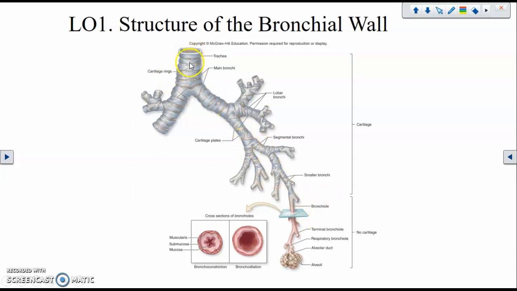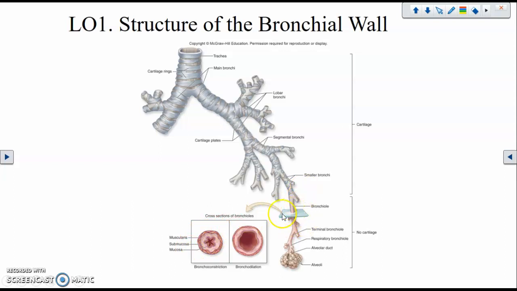As you can see, there's cartilage here. Once you hit the bronchiole, there is no cartilage that encloses it. What happens is this area, as shown here, is subject to bronchoconstriction and bronchodilation. This is what happens during an asthma attack. The bronchioles, by themselves, autonomically constrict, depriving you of air.